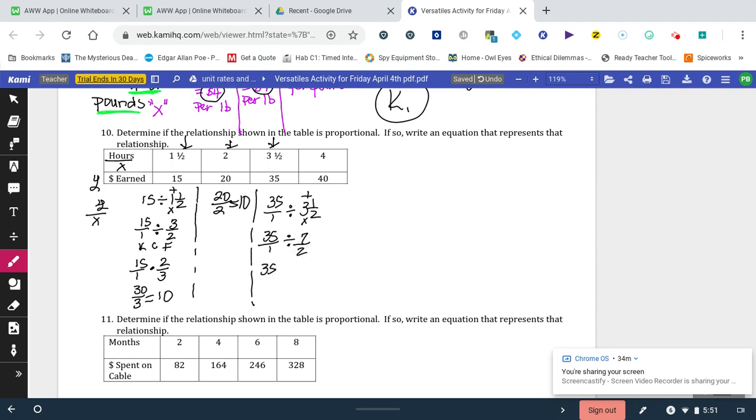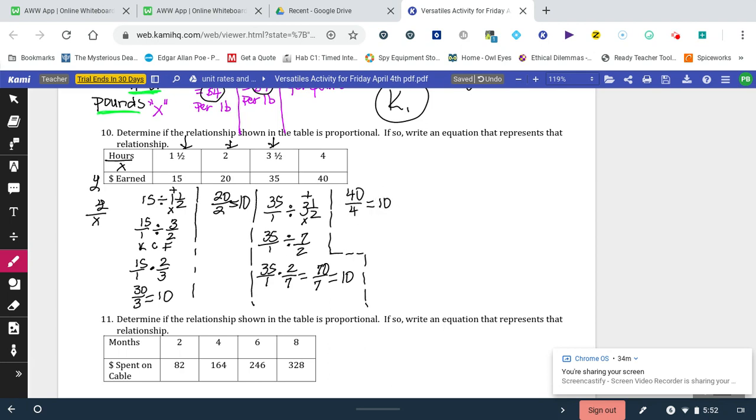So I have 35 over 1 times 2/7. Well, 2 times 35 is 70, and 1 times 7 is 7. If you take 70 and divide it by 7, you get 10. So I'm still getting 10. I just have to check one more. That would be 40 divided by 4, which of course is 10.